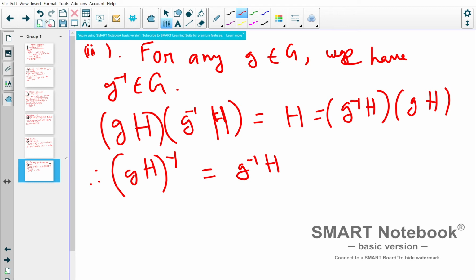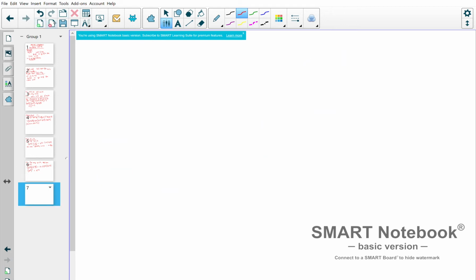What we need to check is that this operation is well defined or not. So you choose two elements from G mod H, from this S. Let me write down a different symbol, it will be easy for us.